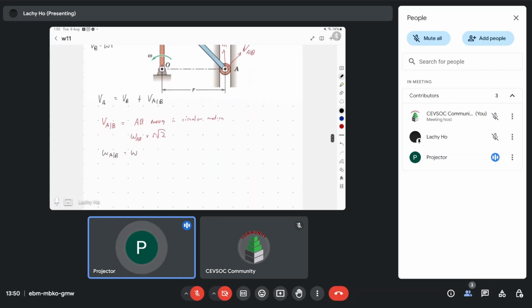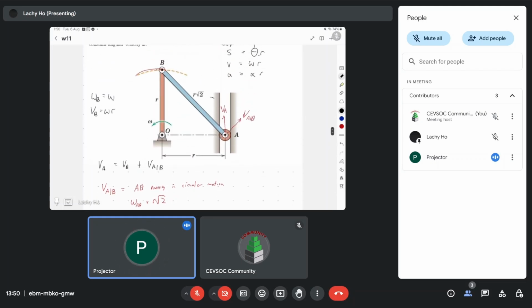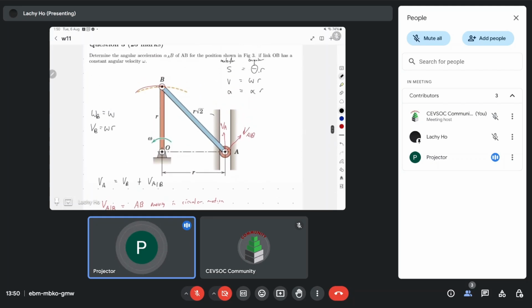And so now that we've established that, let's keep going forward. So the angular velocity of B itself is omega, and because it's moving at a constant velocity, the angular velocity is also constant.